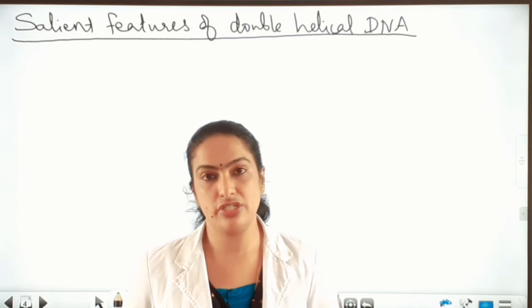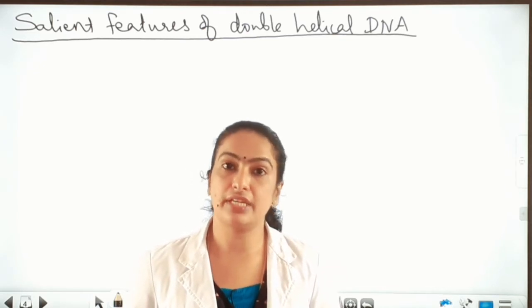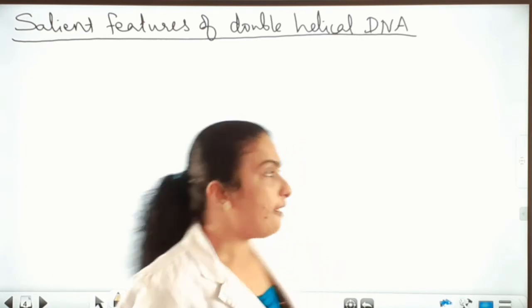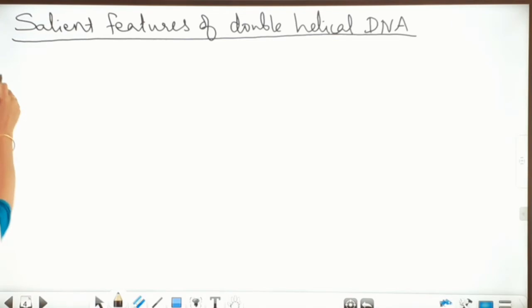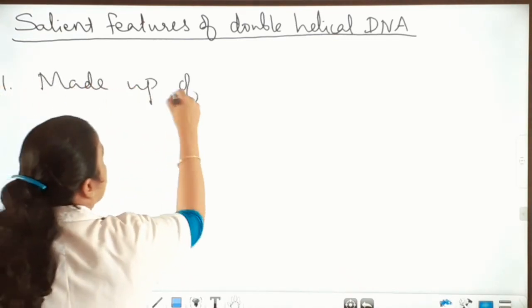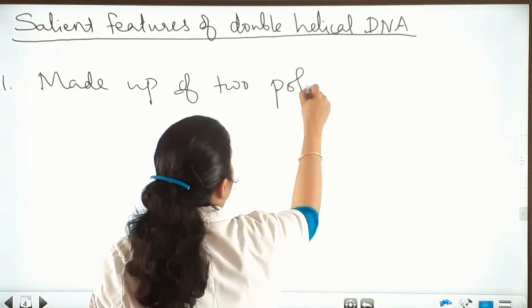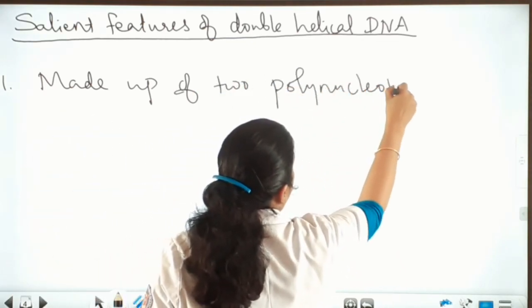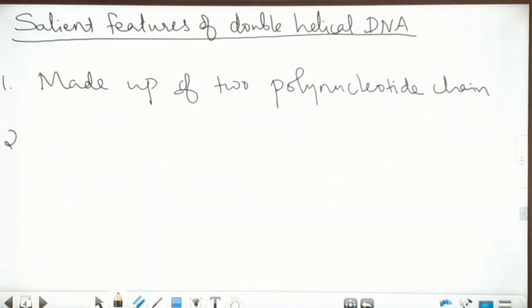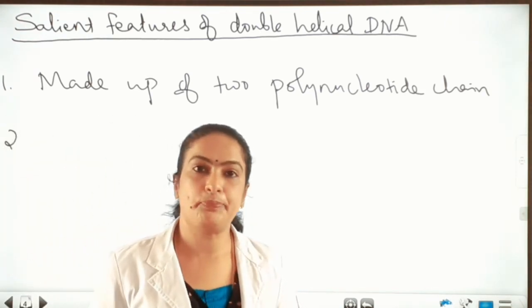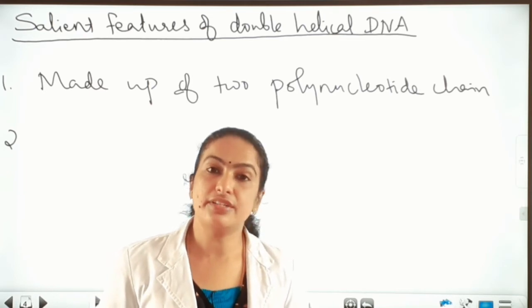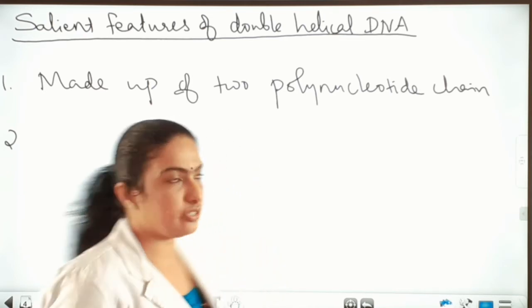What are the salient features of the double helix structure of DNA proposed by James Watson and Francis Crick? Okay, the first point is the DNA is made up of two polynucleotide chains. And the second point is that in these polynucleotide chains, the nitrogen bases are complementary to each other.